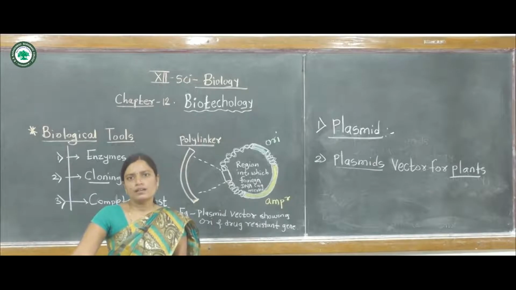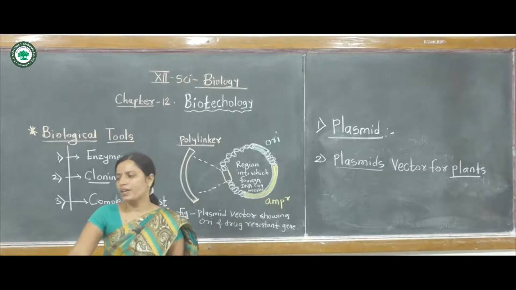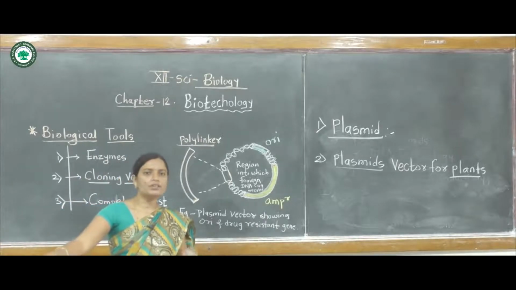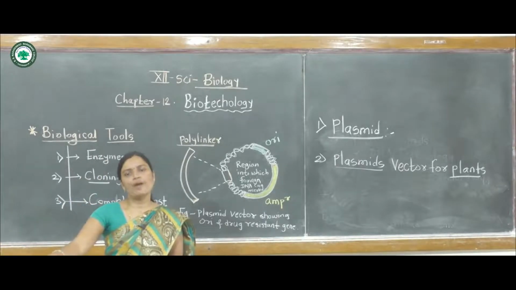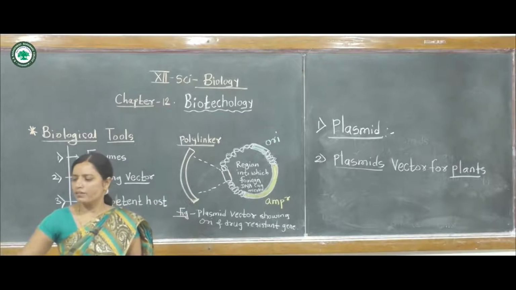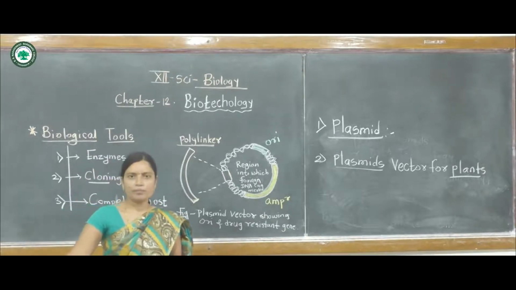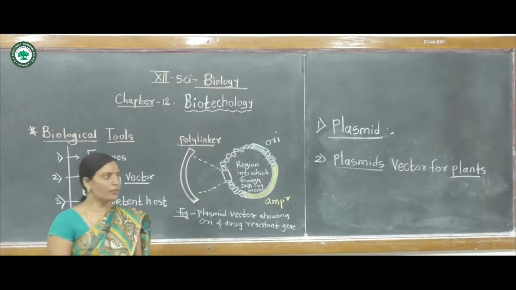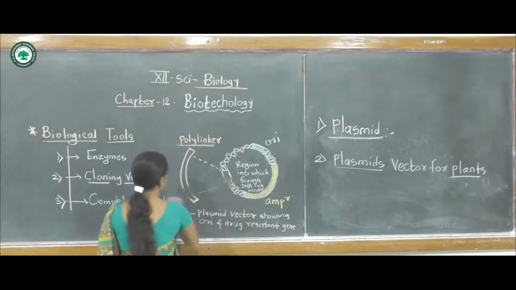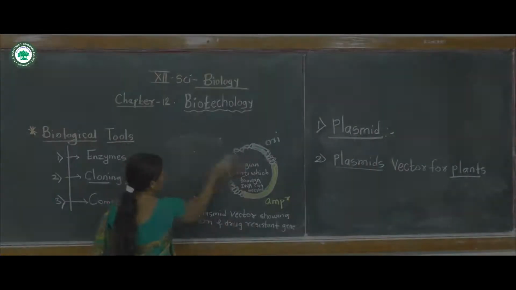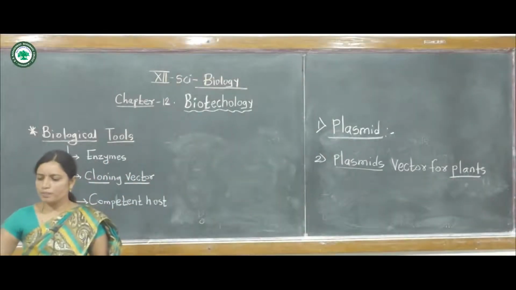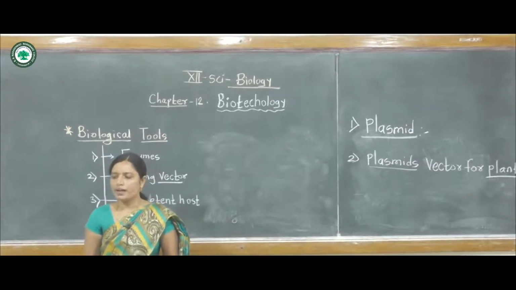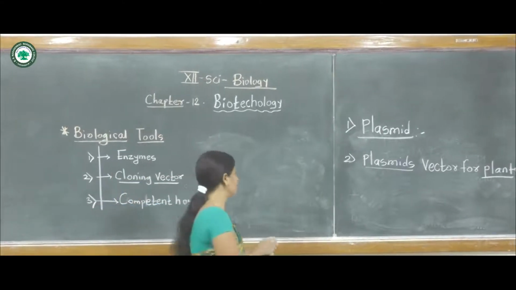Different plants have this vector, and they can carry new DNA into plant cells. The most important of these plasmid vectors is, for example, Agrobacterium tumefaciens.